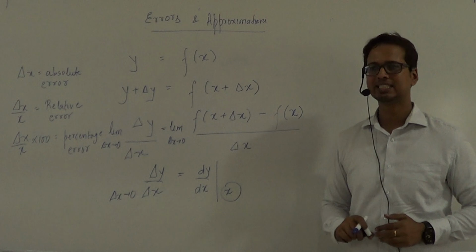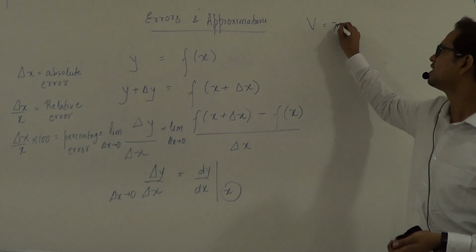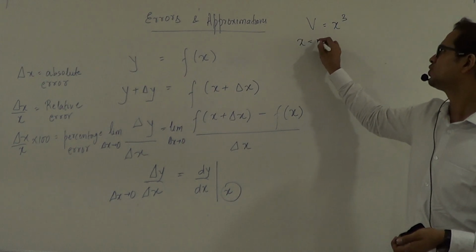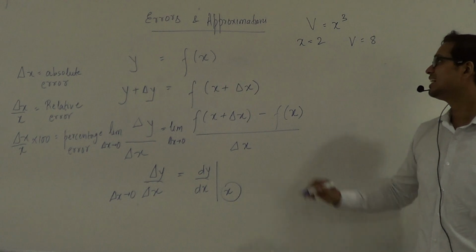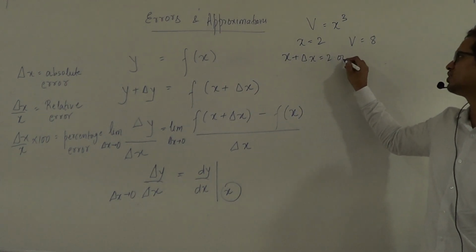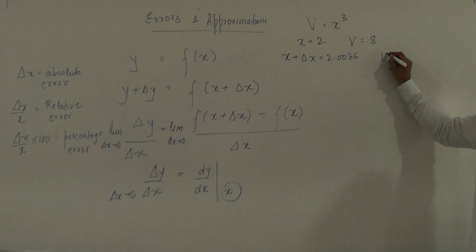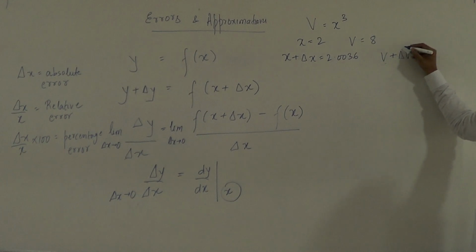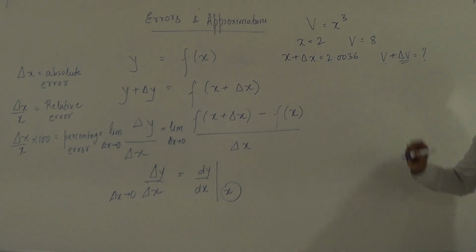Let us go back to that example. So initially when you calculated the volume of the cube, when x was 2, your volume came out to be 8. Correct? But later you realize that no, my x was not 2, it was actually 2.0036. Correct? So how should I know what is my new volume or what is my error in the volume? Correct? So at least if I know this, I will add it to 8 to get my answer.